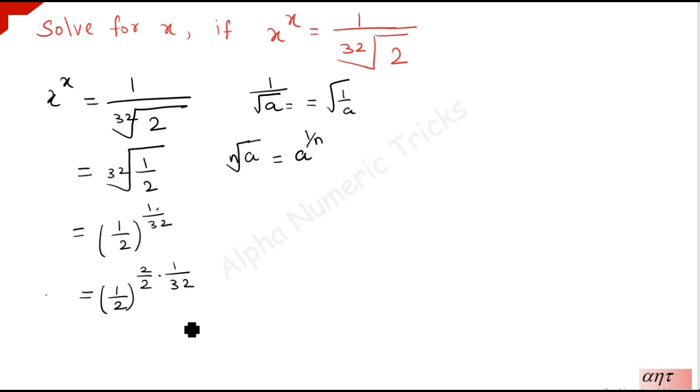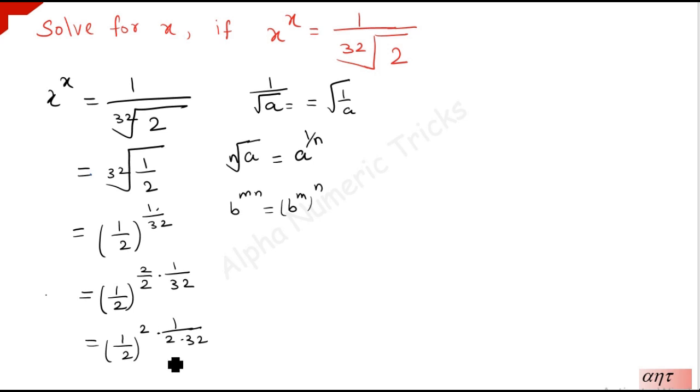You can write this as (1 by 2) whole to the power 2, take this here, times 1 over 2 times 32. And we have b to the power mn is equal to (b to the power m) whole to the power n, so we use this formula here.